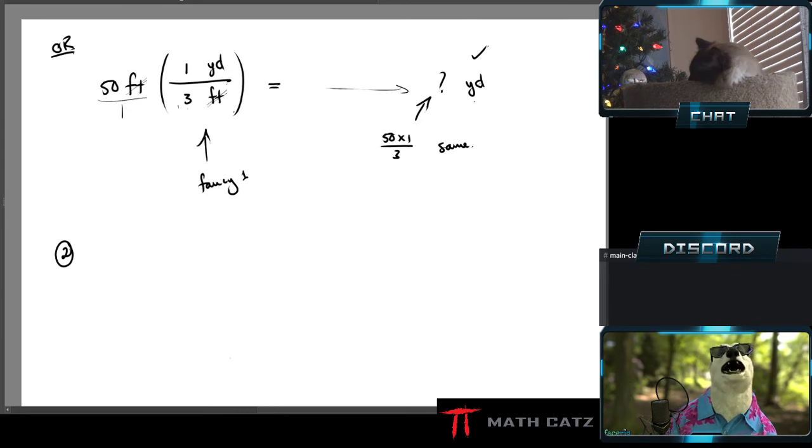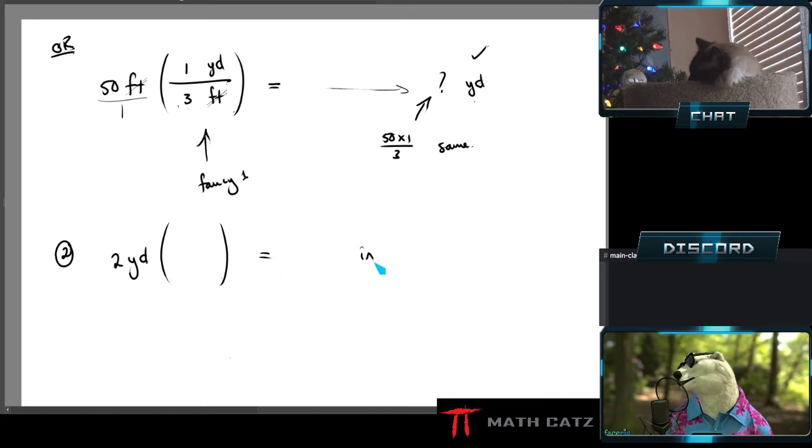Next one was 2 yards into inches. So I start with 2 yards. I'm going to pick a conversion pair that will allow me to end up in inches. Let me just make a plan first.